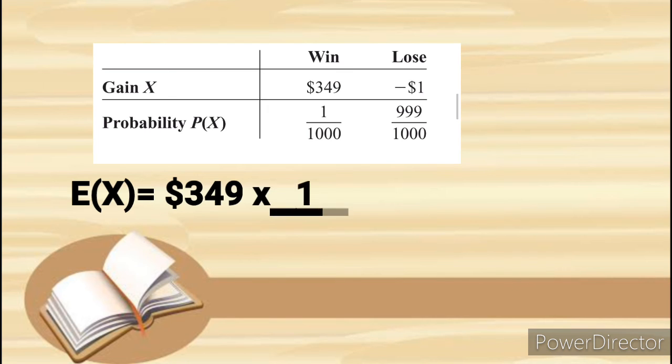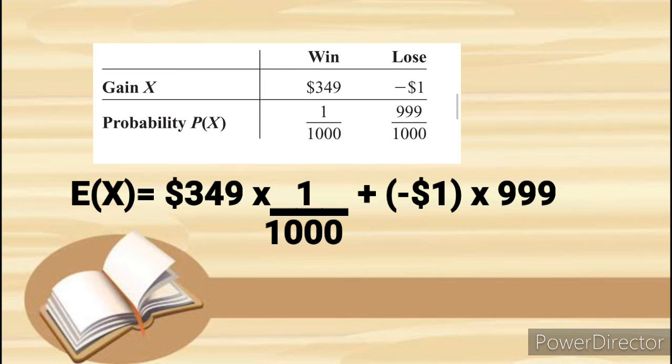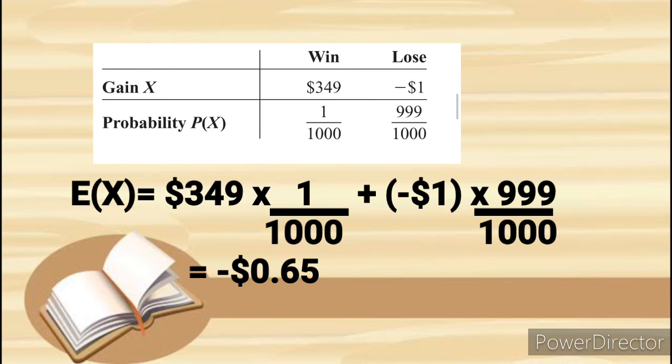Then, expected value is equal to $349 times 1 all over 1,000 plus -$1 times 999 over 1,000 is equal to -$0.65. Note that the expectation is -$0.65. This does not mean that you lose $0.65, since you can only win a television set valued at $350 or lose $1 on the ticket.